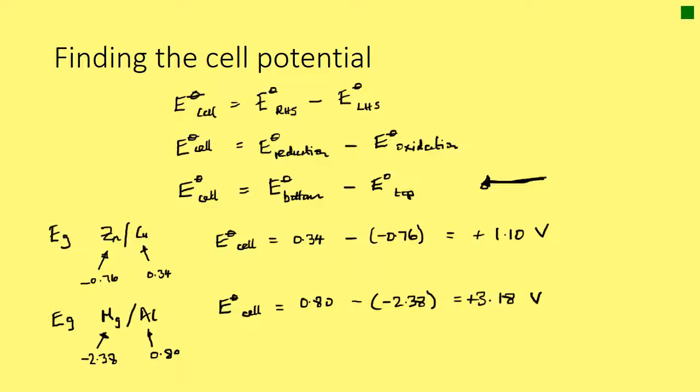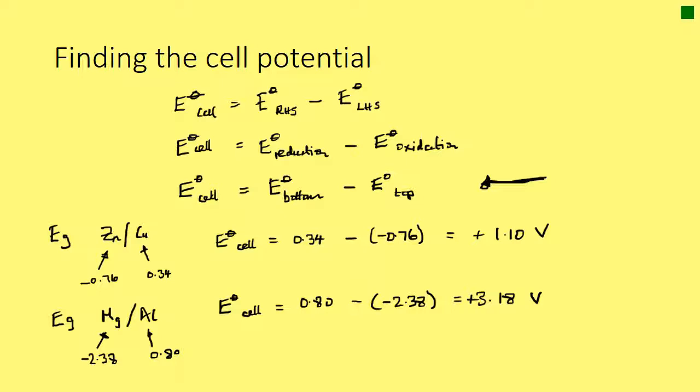If you were to look at an electrochemical cell consisting of zinc and copper, as we've seen quite a few times, the zinc would go on top because that's got the most negative electrode potential, and that, if you remember, is minus 0.76, and the electrode potential of the copper half cell is 0.34, so that would go on the bottom.